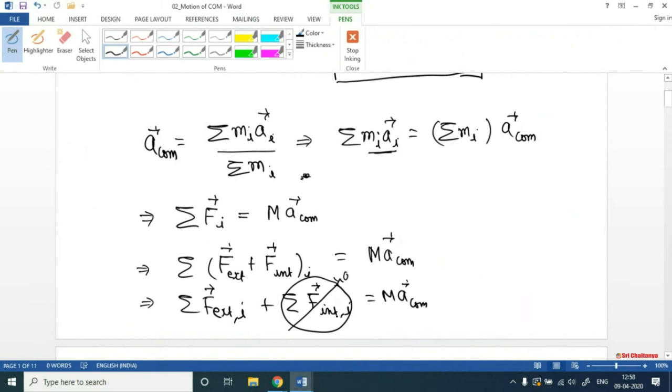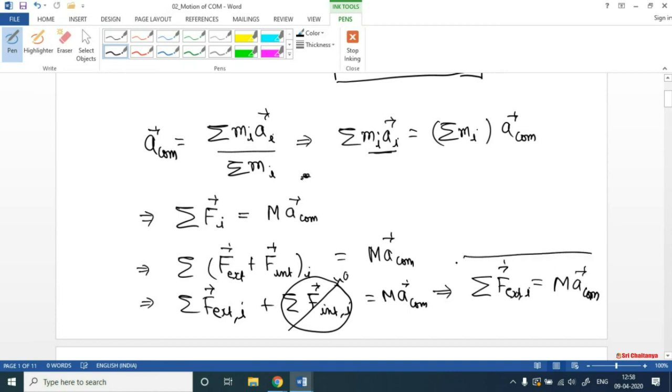So the summation of internal force would be equal to 0. Here we have derived a very important relationship: the net external force on the system is equal to the total mass of the system into the acceleration of center of mass.